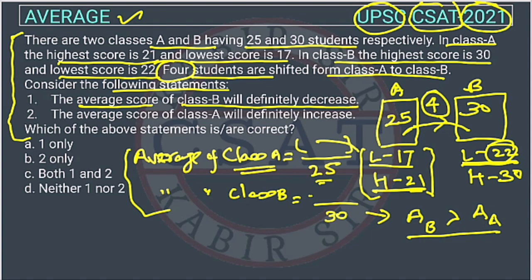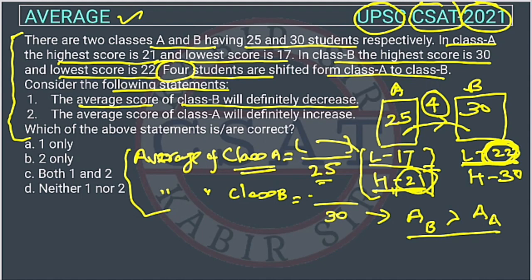Because the minimum marks is 22 there. But here even if we consider that all the students got the highest mark, even that time the average score can't be greater than 21. You have to understand that, right? And here even if we consider the minimum average marks of a student, it can't be less than 22. So the average of class B is greater than the average of class A by this information.